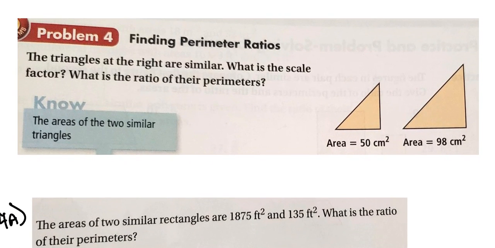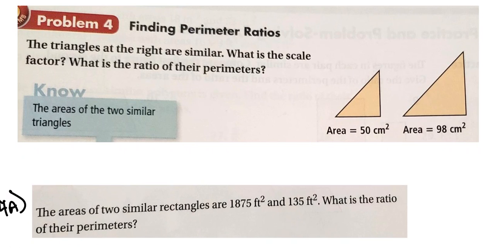All right, got 2 more examples here, maybe 3, and then we're done. This one, I'm giving you the area ratios. They're 50 to 98. Again, area ratio. Hopefully you recognize that those are not perfect squares. If you didn't, again, just try your calculator on the square root of 50. You'll see that you'll get a crazy decimal.